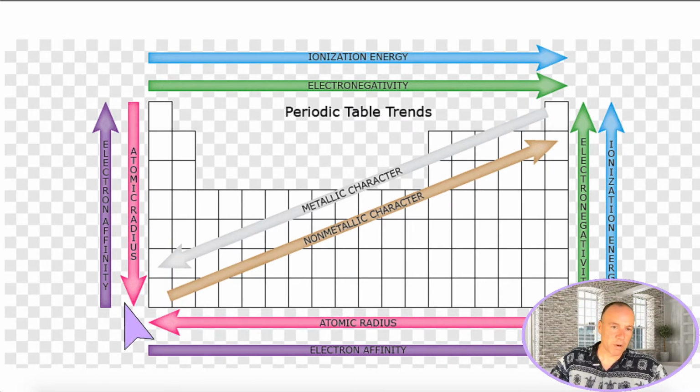You see the atomic radius is the pink arrows. So as you go to this bottom left-hand corner, those are the biggest atoms, and as you get further away from the bottom left-hand corner, those are the smallest atoms. So that's the trend in atomic radius. There are a couple of other trends on here that we'll mention, but let's stick with the atomic radius for now.